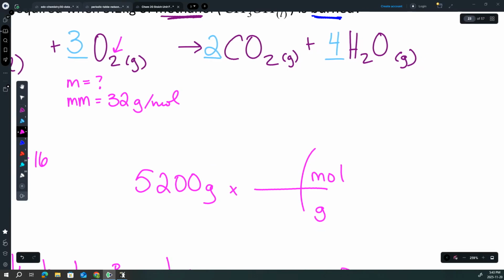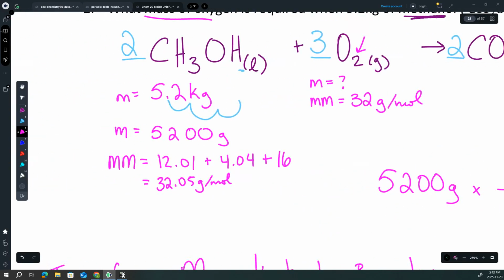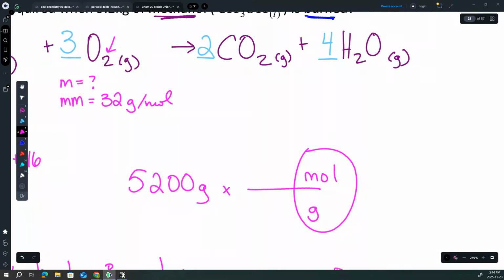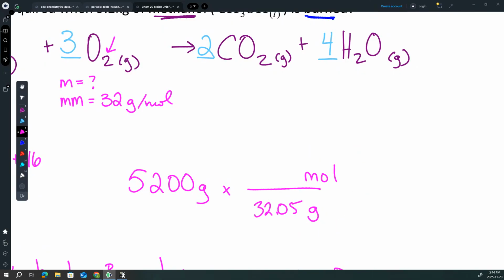Now, what do I know with the units that have grams and moles in them? Well, that's going to be molar mass. So the number goes wherever the grams go for the units for molar mass. So I'm going to put 32.05.